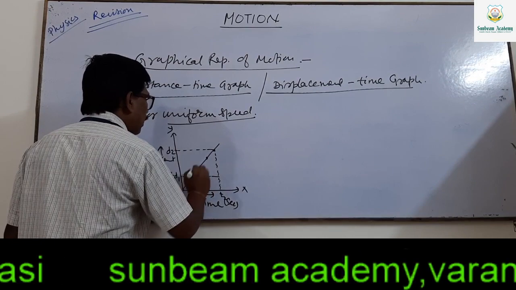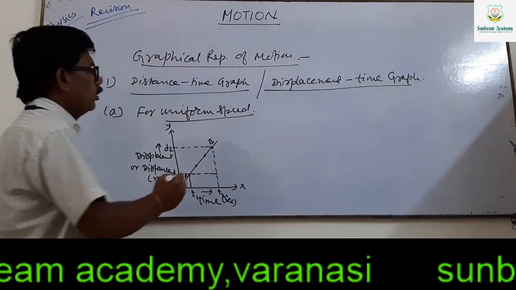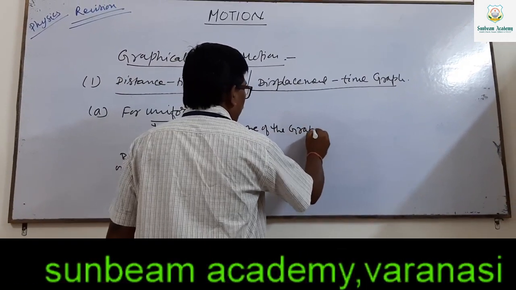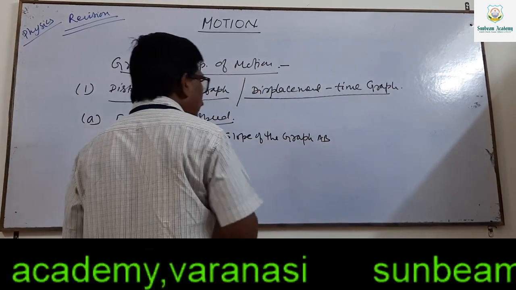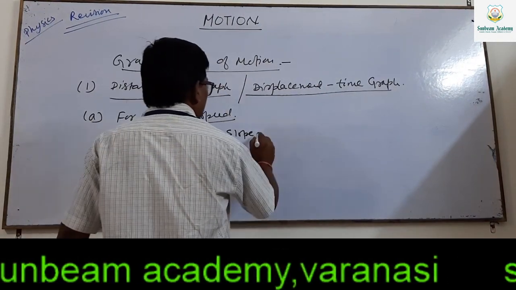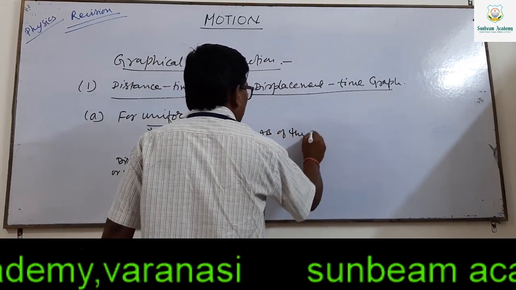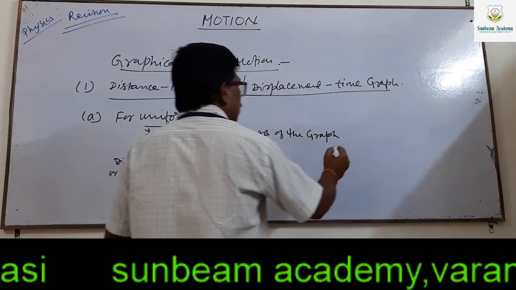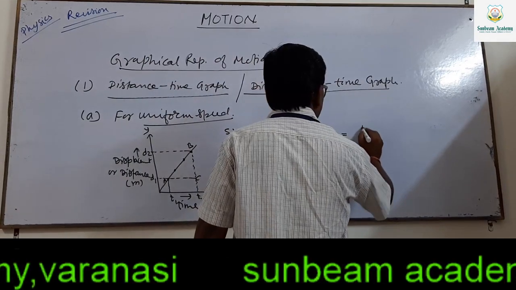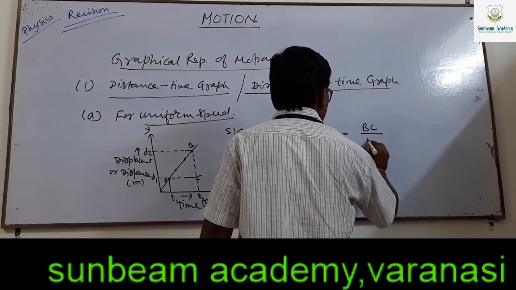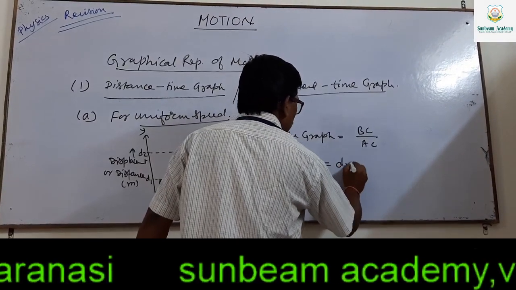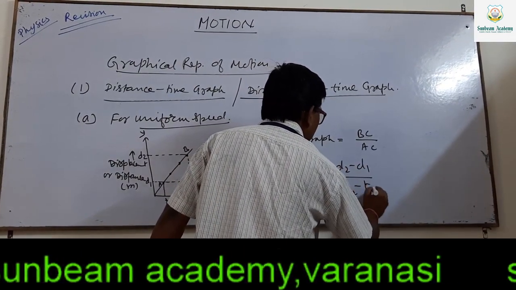You write here A, B. So the slope AB of the graph is equal to BC upon AC, which is equal to D2 minus D1 upon T2 minus T1.